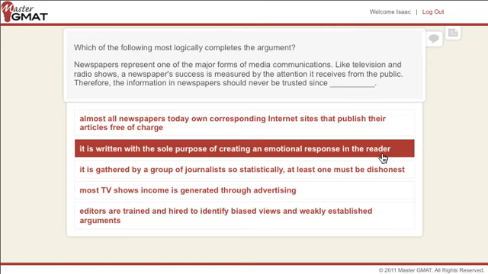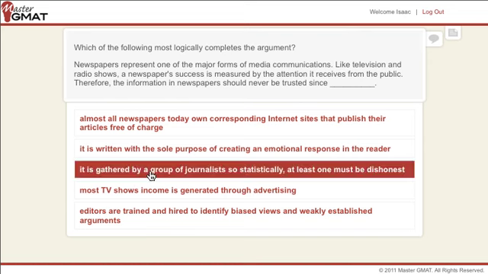Well, in this case, if we know that there's some kind of ulterior motive to writing an article, then yes, we can question the honesty of a newspaper, right? If they're trying to get an emotional response and they might lie by doing so, we cannot trust it. So we keep this answer choice here for now.